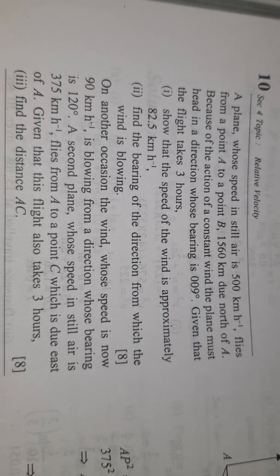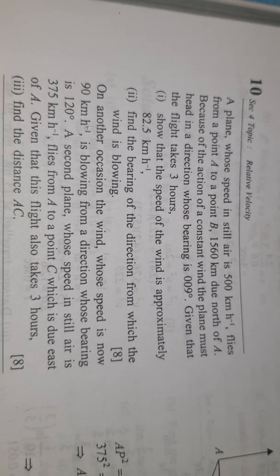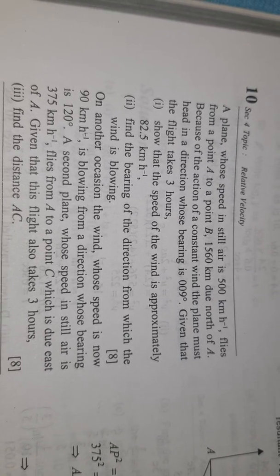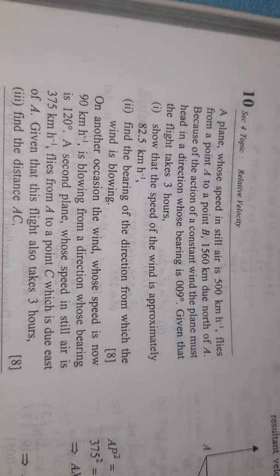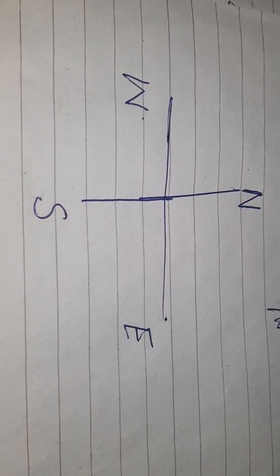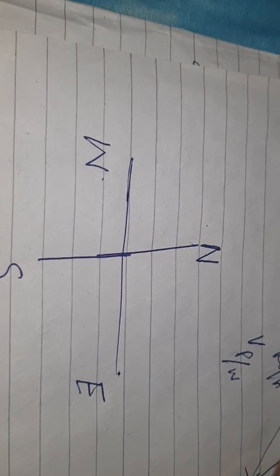My dear students, whenever you have this type of question, always try to draw the diagram on your paper. First of all, draw the directions, as you are used to, north, east and west. And then similarly, this formula is very helpful.